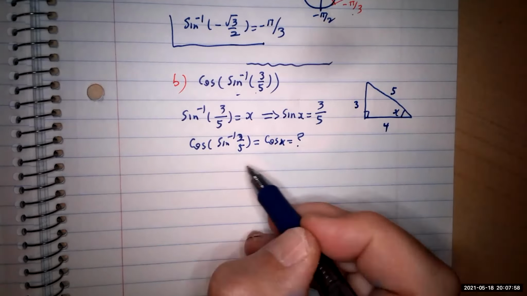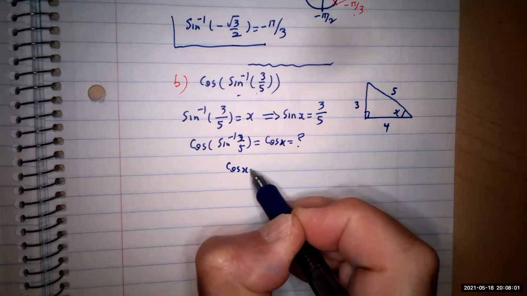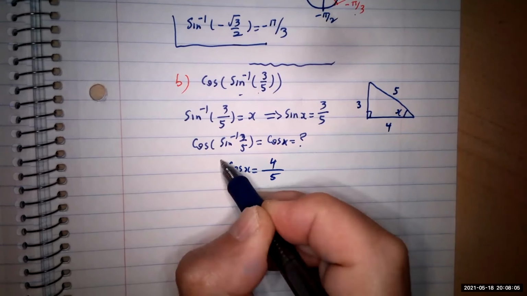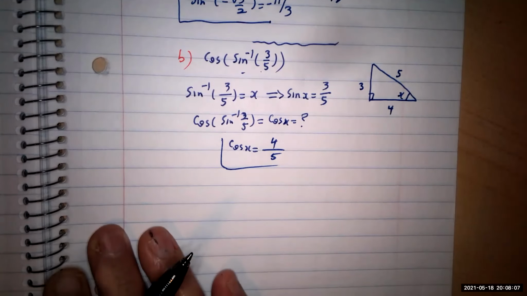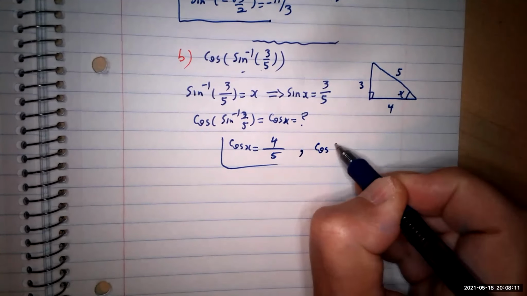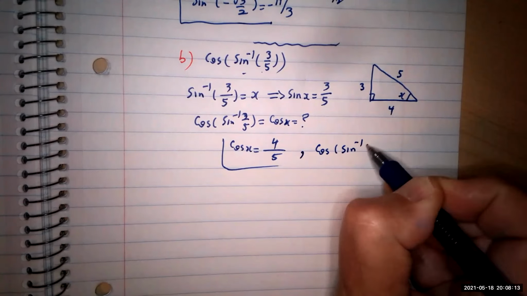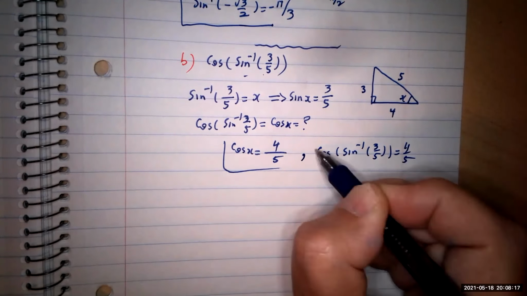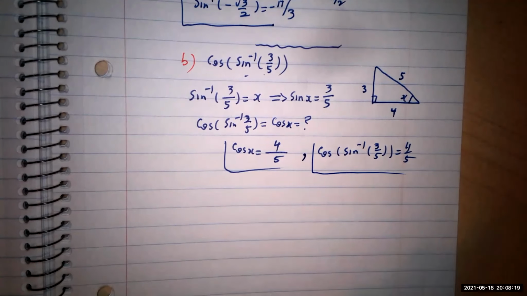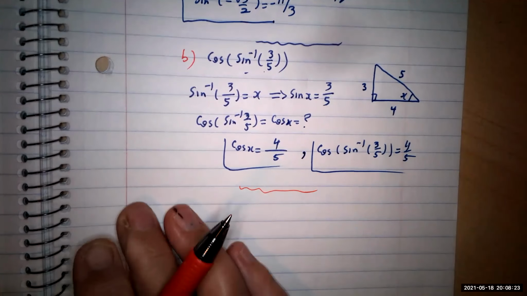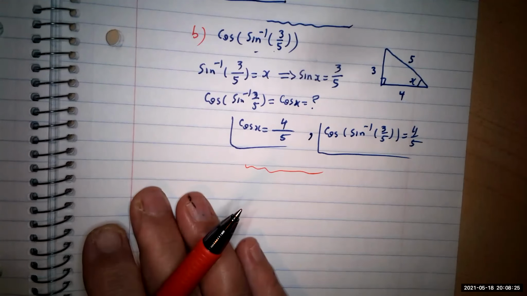So the cosine x is equal to the adjacent one over the hypotenuse, 4/5. Okay, so the answer is 4/5. The cosine of the sine inverse of 3/5 is just 4/5. Okay, any question? Now, we gave you some nice numbers to be able to do it quickly.